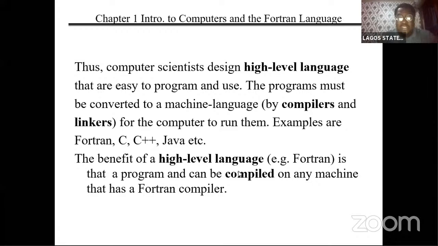Now, as I said, because of the difficulties that exist in understanding the low-level languages, which you call the machine language or the assembly language, computer scientists defined the problem and came out with a framework called the high-level language that is easy to program and use, because the low-level languages are difficult.